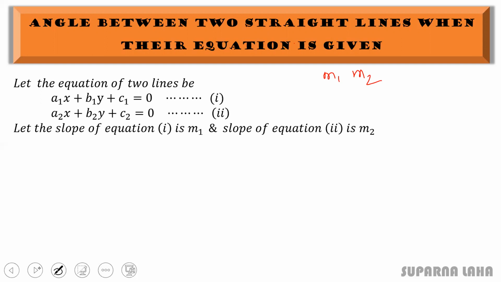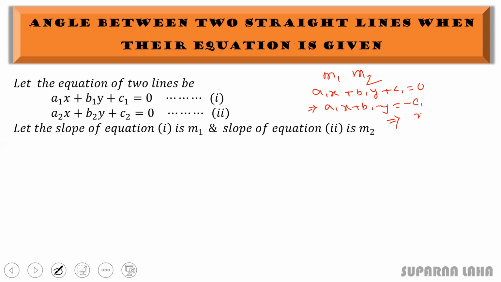So take the first equation, A1x plus B1y plus C1 equals 0. Now a little bit simplify it. A1x plus B1y equals minus C1. And if we again simplify it, just divide the equation by minus C1.